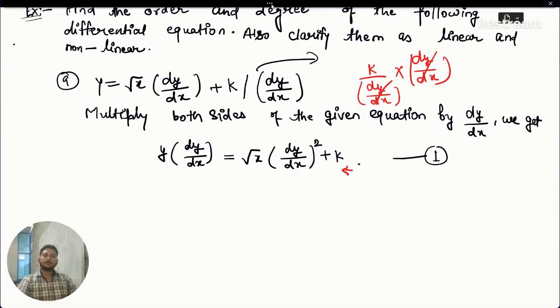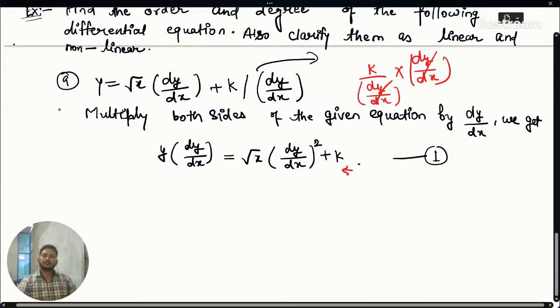And then y dy/dx is equal to square root of x (dy/dx) whole squared, plus k. So this is the solution.